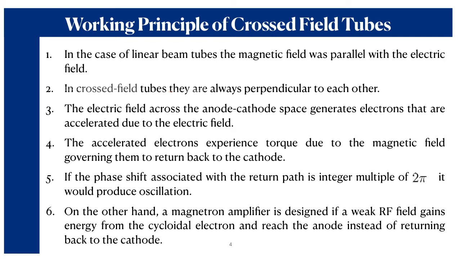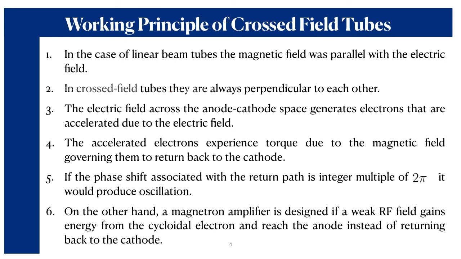and get collected from the positive terminal of the applied voltage source. So in summary, if you make an arrangement so that the electron beam after being generated from the cathode follows a cycloidal path and gets back to the cathode again by traversing a path equivalent to an integer multiple of 2 pi phase, then it produces oscillation.